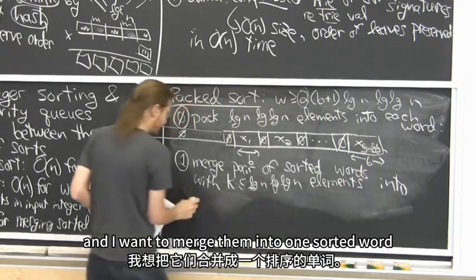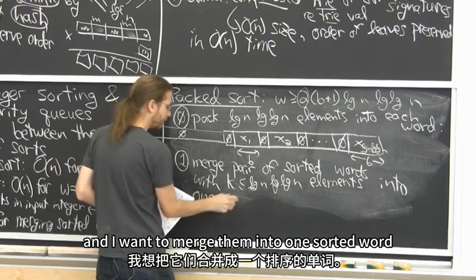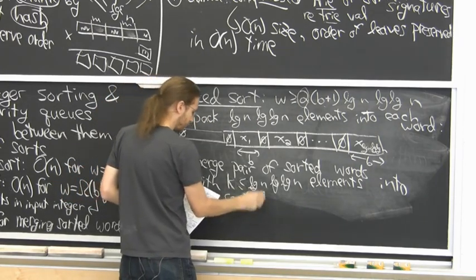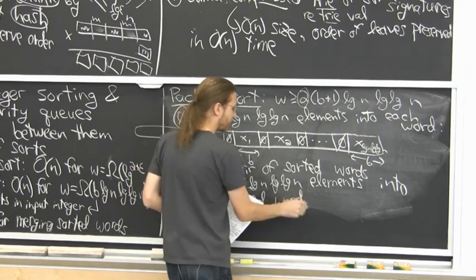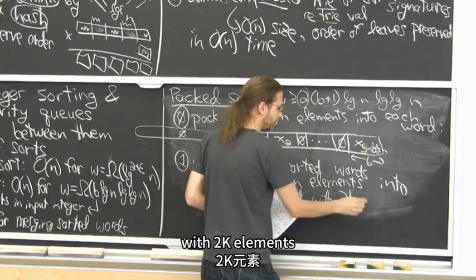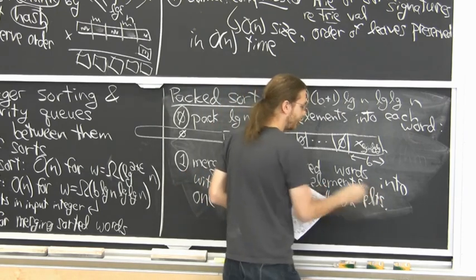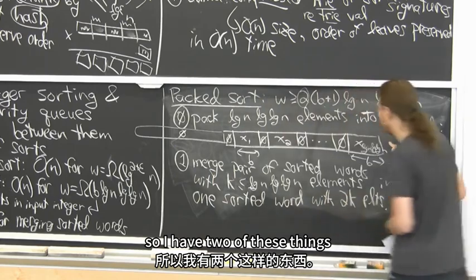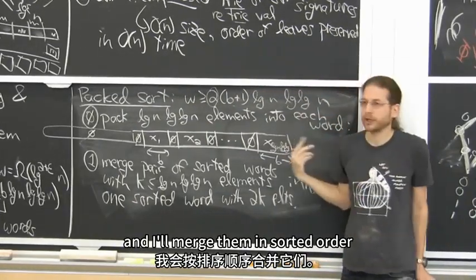And I want to merge them into one sorted word with 2k elements.